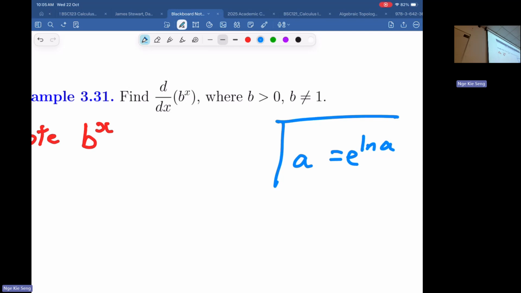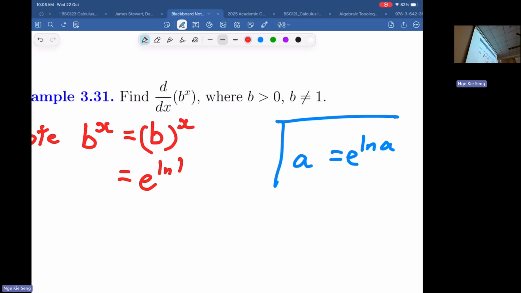Okay, so we can try and use this to replace this b with an e. Using that, what we will get? You read this as e to the power x. So you can rewrite this b as e to the ln b. Make sense?